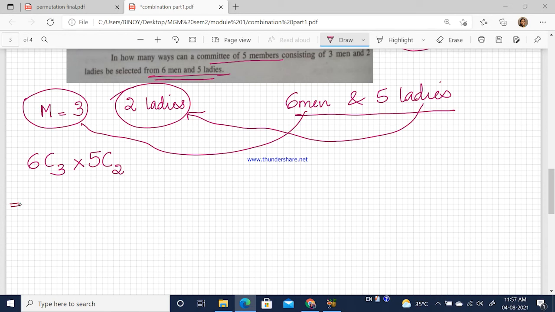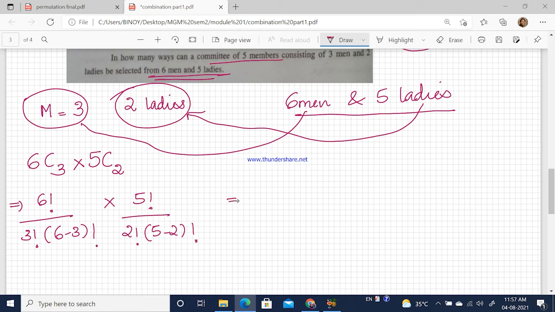Now putting in the equation, that is 6 factorial by 3 factorial into 6 minus 3 factorial, into 5 factorial by 2 factorial into 5 minus 2 factorial. That is nothing but 6 factorial by 3 factorial into 3 factorial, into 5 factorial by 2 factorial into 3 factorial.